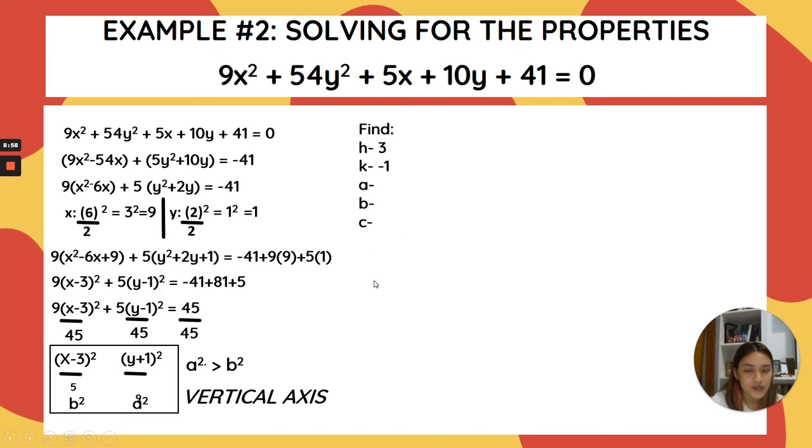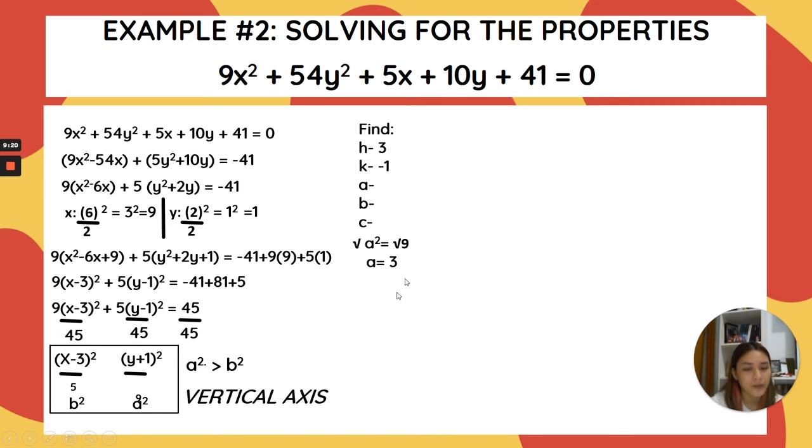So we will just be looking for the values of a, b, and c. To look for the value of a first, in our standard equation of an ellipse, we have our a squared is 9. So we will be looking for the square root. Square root of a squared equals square root of 9, and the square root of 9 equals 3. So a is equal to 3.